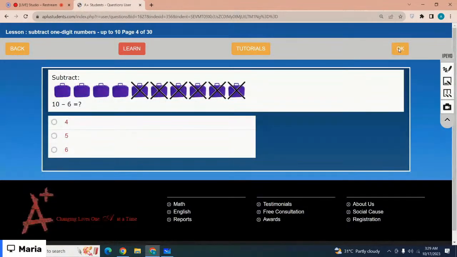Okay, subtract 10 take away 6. So which is the correct option?